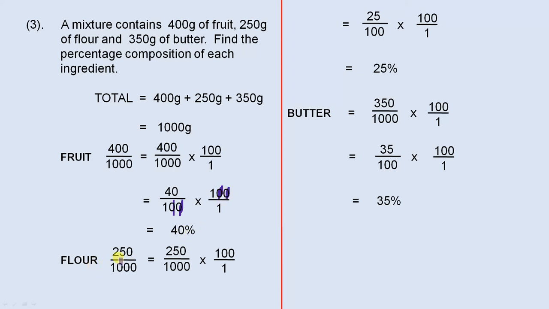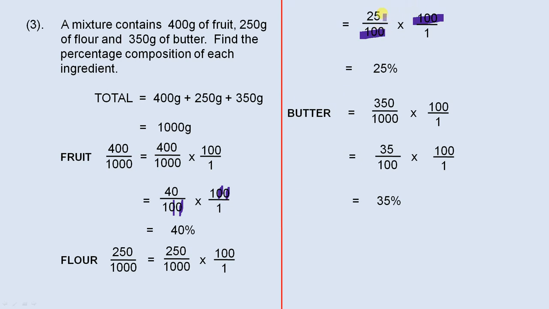The flour, that was 250 grams, so 250 over 1,000 is 250 over 1,000 by 100 over 1. Now, if we divide top and bottom here by 10, so 25 out of 100 times 100 over 1, I'm sure you've done cancelling.